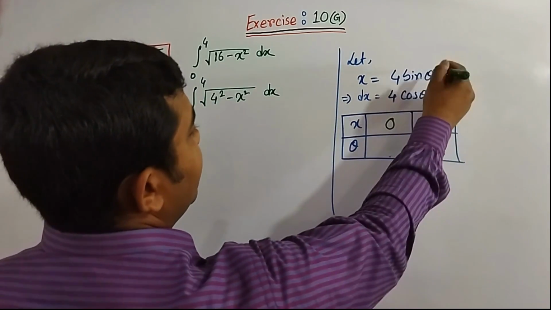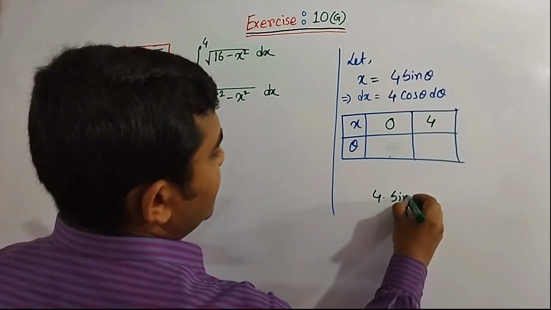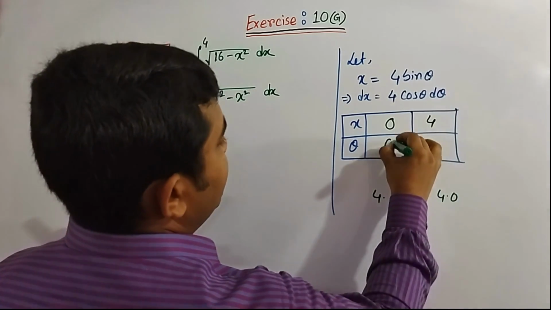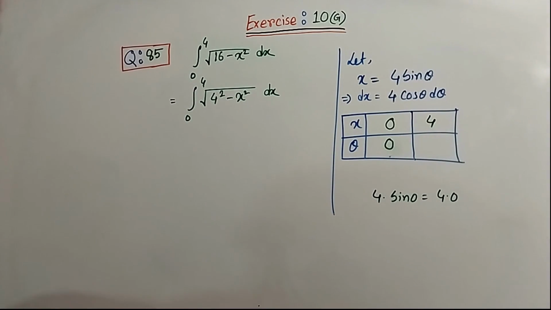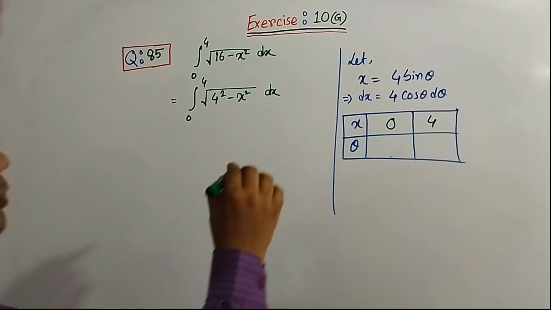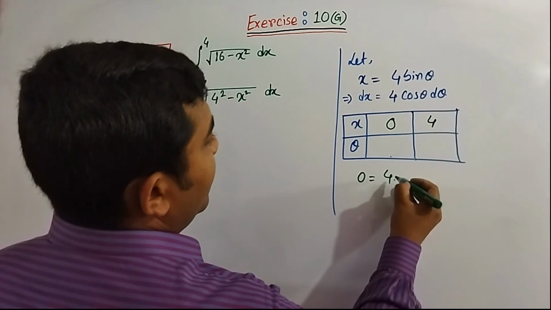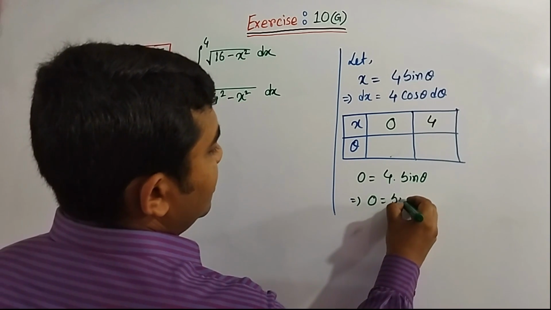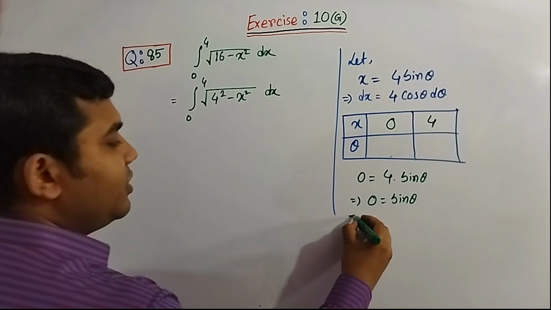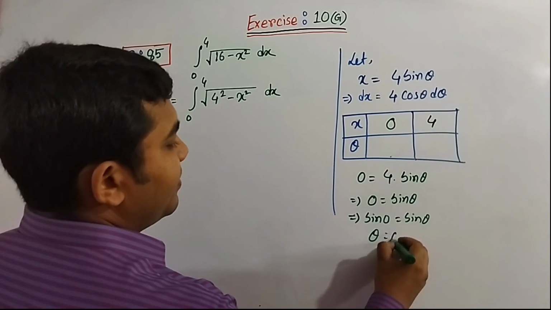If we put the value of 0 at the place of x, then it should be 0 equal to 4 into sine theta, so sine theta equals 0, and we know sine 0 is 0, so theta should be 0.